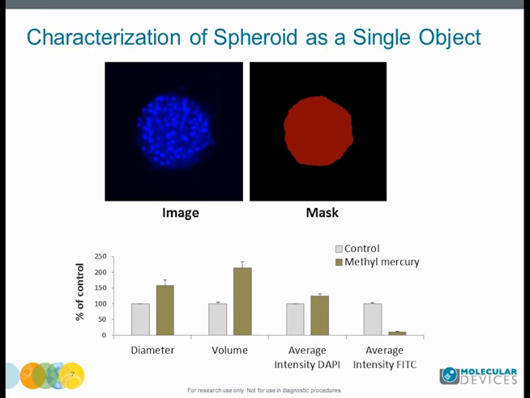On the graph, you can see measurements characterizing a spheroid as a single object. You can see the spheroid treated with methyl mercury is different in size because of toxicity-induced loss of spheroid integrity, and also decreased viability staining, like intensity for the FITC channel.